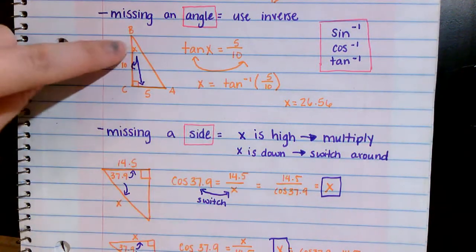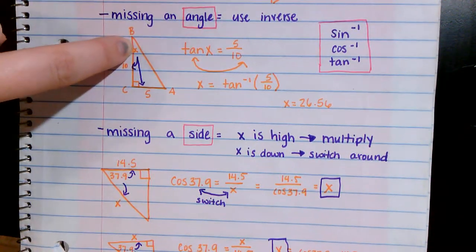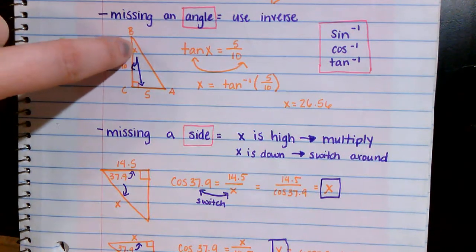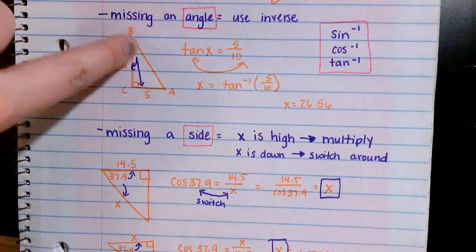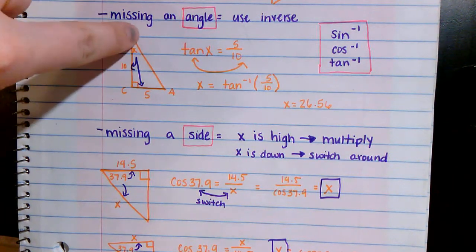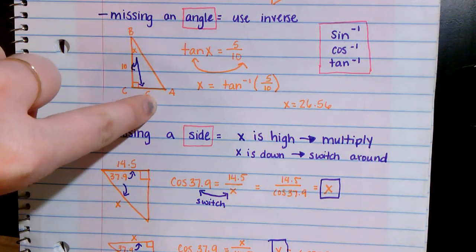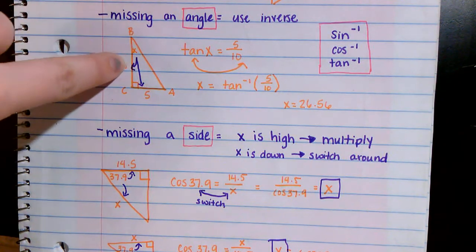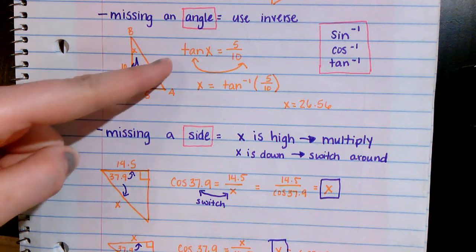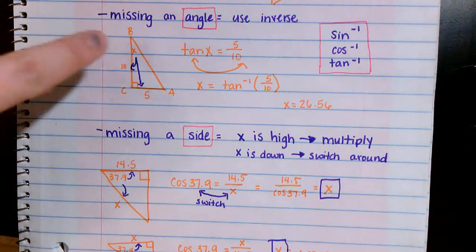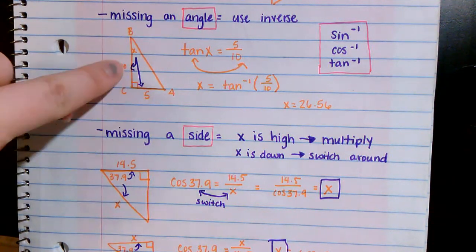So from this angle, once I know that they're asking me to find this, I put myself here in this triangle and I looked out and I figured, what are these two sides? From this angle, 5 is my opposite side and 10 is my adjacent, because that's got to be my hypotenuse across from the right angle. And they didn't give me that, so I don't need that. So from this angle, I have opposite and adjacent.